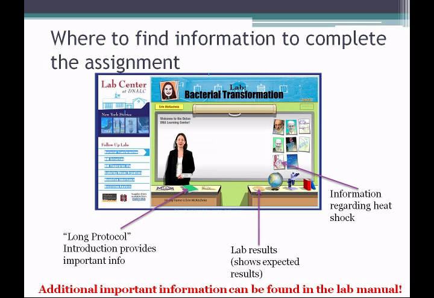These are Petri dishes. And then information regarding heat shock can be found in this area. There's some other information here if you're interested in looking at it, but primarily of importance will be information regarding heat shock here in this area.